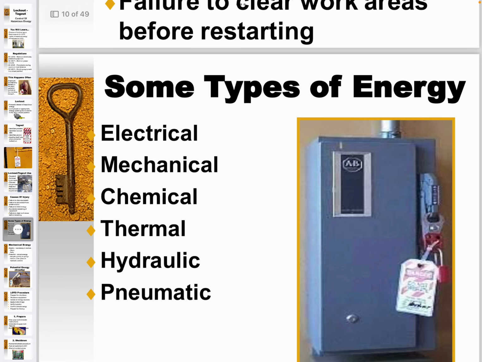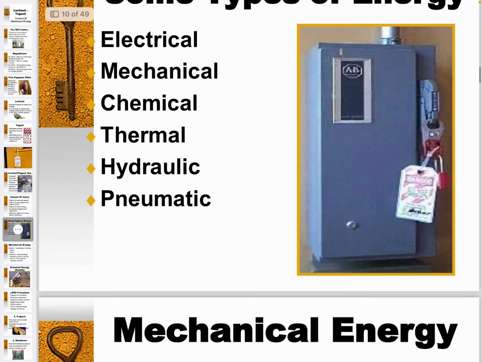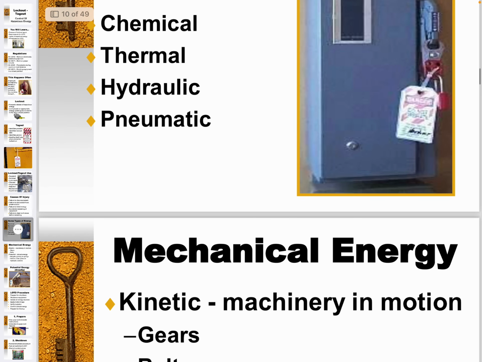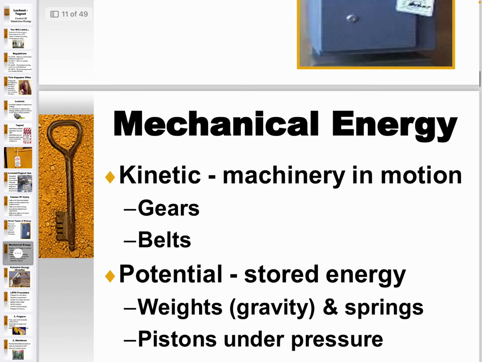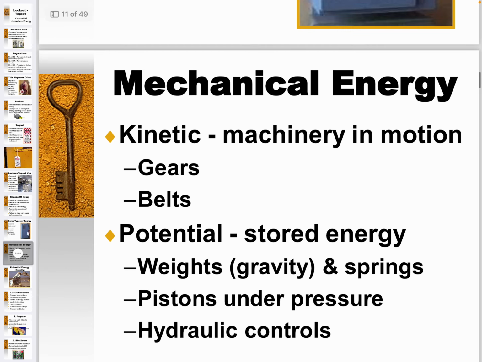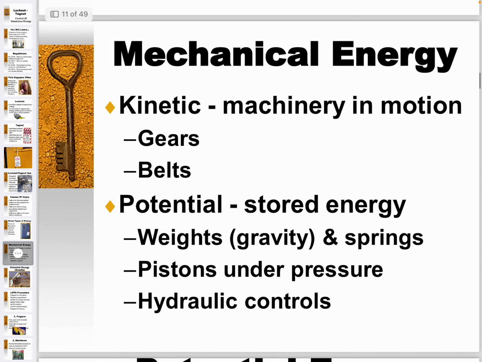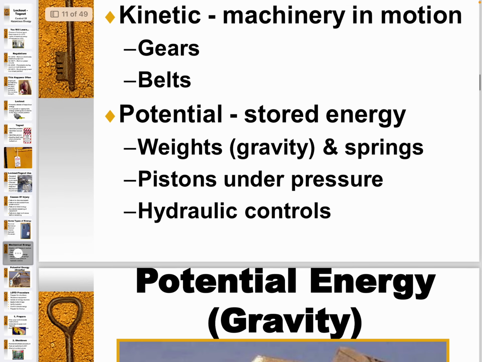Some types of energies: electrical, mechanical, chemical, thermal, hydraulic, kinematics. These are supplying for the types of equipment used in industries. Mechanical energy, kinetic mechanicals in the motor, gears and belts.